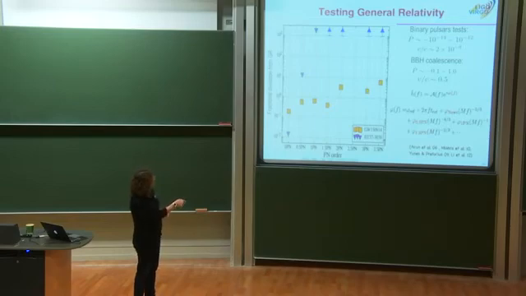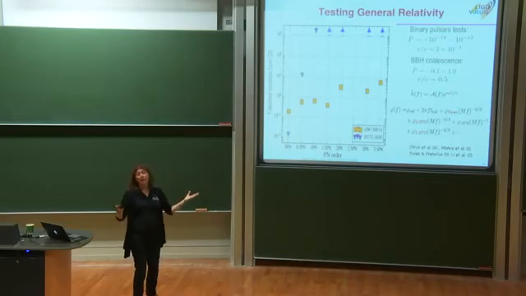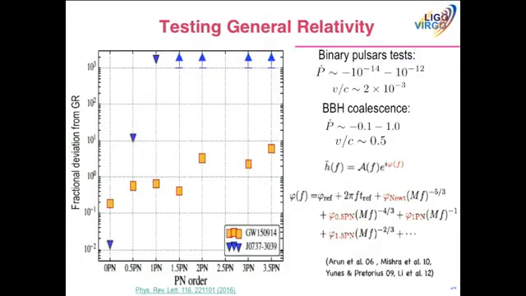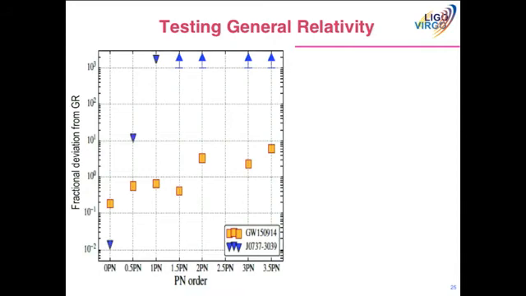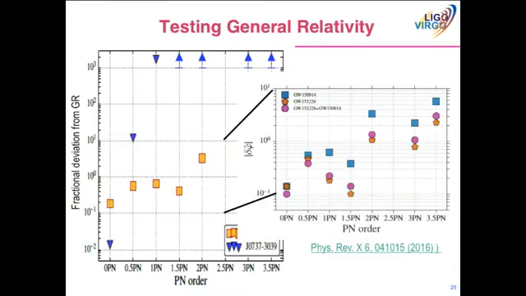What's shown here is that for the lowest post-Newtonian order, we have much, much better tests at the percent level from binary pulsar systems. But we have the first tests at the order of magnitude level, so they're not very precise, for higher post-Newtonian systems. That gets better when the best limits that we get are from the December event.